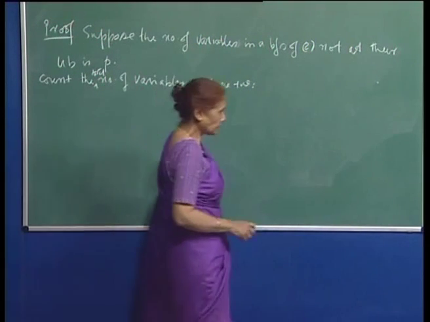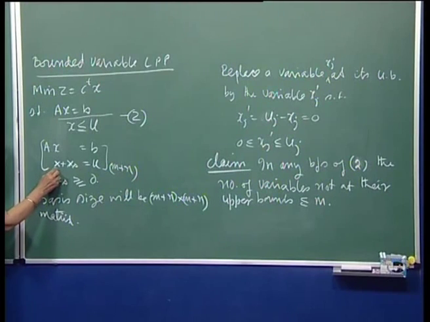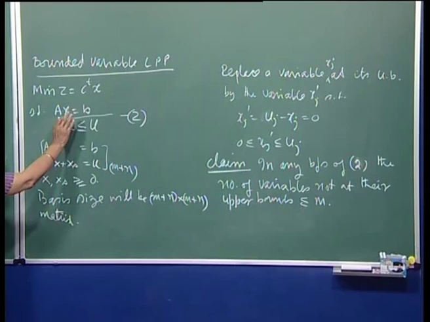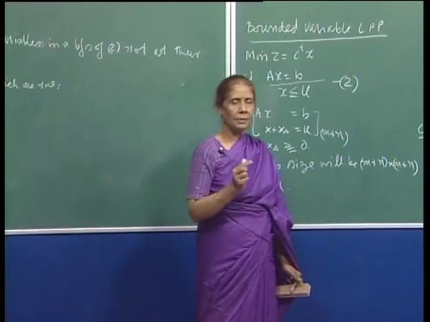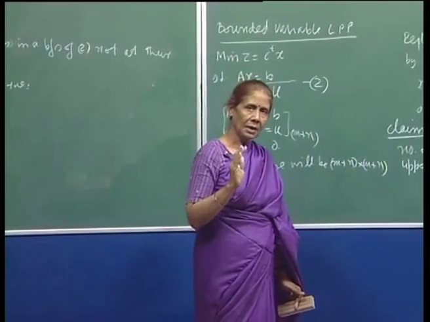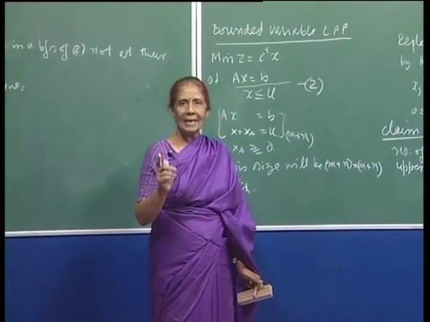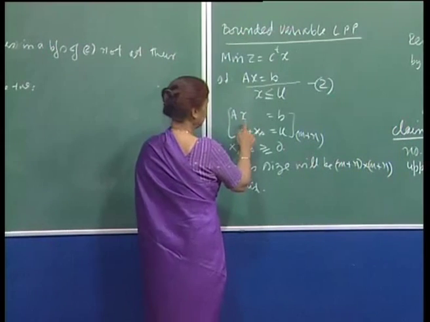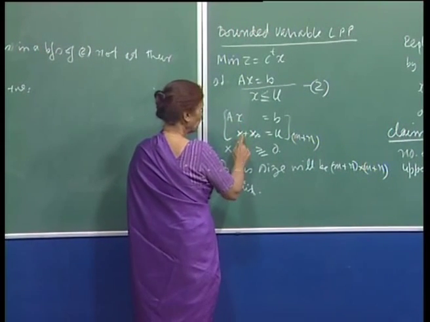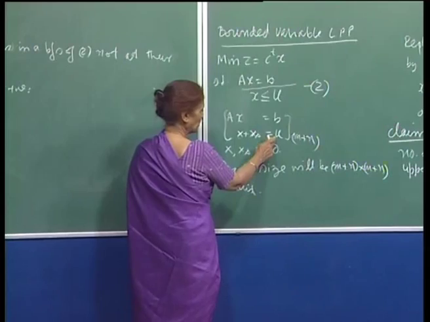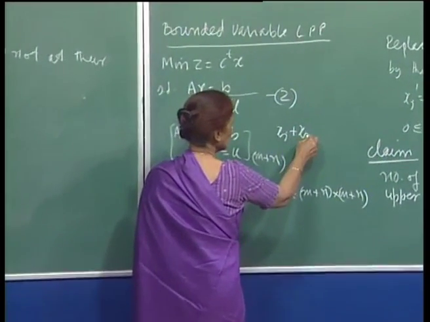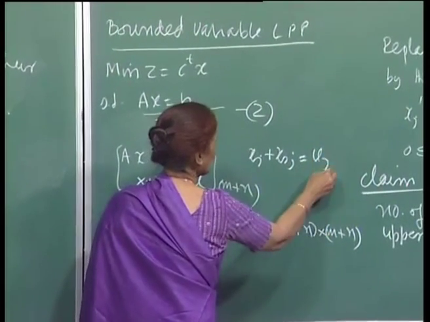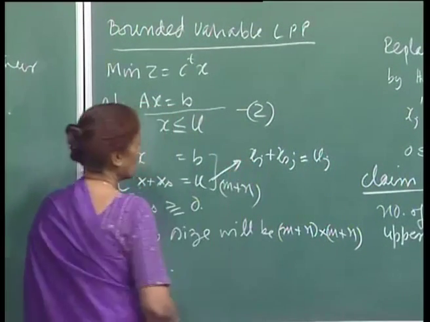See, when I say basic variables, I am referring to x, remember, because finally I want to work with the basis for this set of constraints. And when I talk of variables which are not at their upper bounds, I talk of the variables from the set x. So, p of these are not at their upper bounds, right, and a typical constraint here is x j plus x s j is equal to u j.